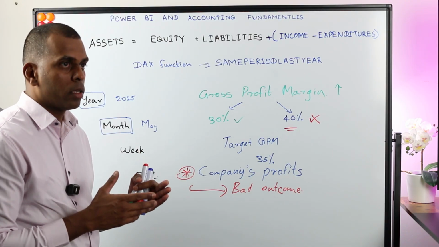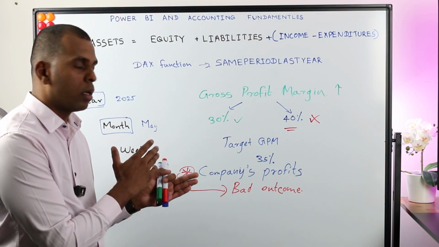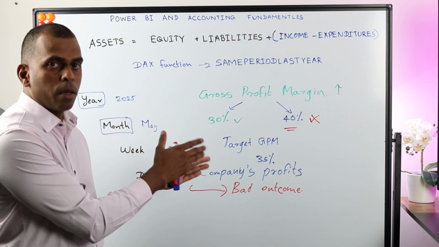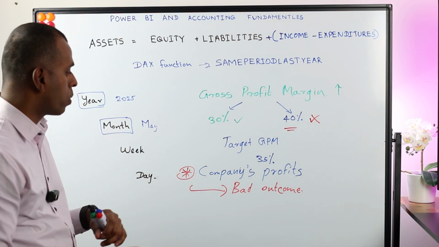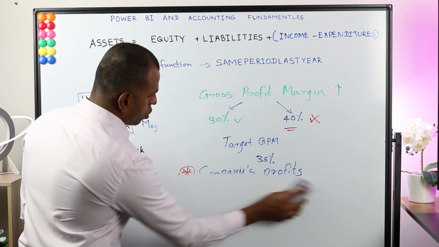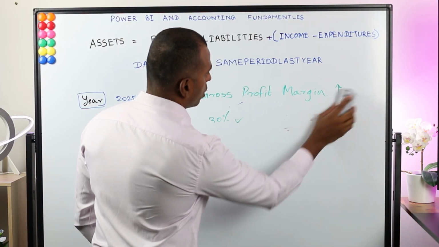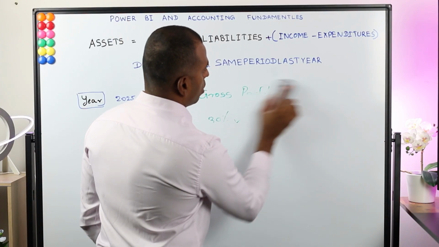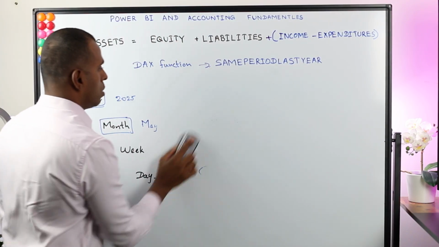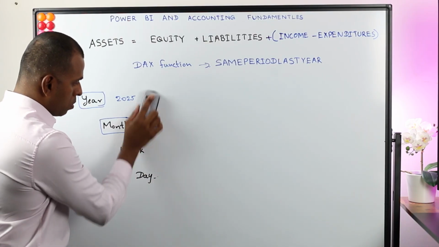Whatever it is, it's better to find out the errors, because it affects the company's decisions. That's how you can use this accounting knowledge to give the best outcome, the best experience for your stakeholders.